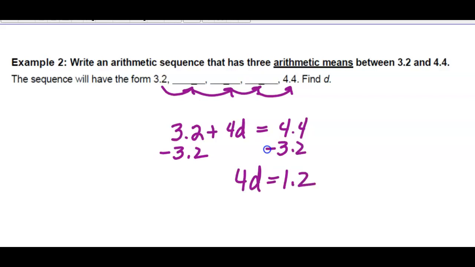We subtract and get 1.2, we divide by 4, and we get 0.3. Then we go back and find the terms. We add 0.3, we get 3.5. We add 0.3, we get 3.8. We add 0.3, we get 4.1. We add 0.3, we get 4.4. So this should be self-checking. You should be able to figure out that it worked.